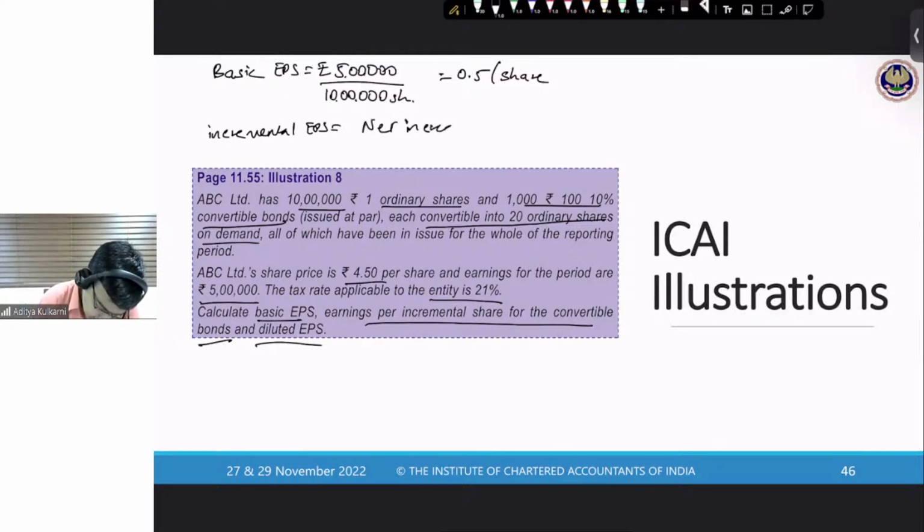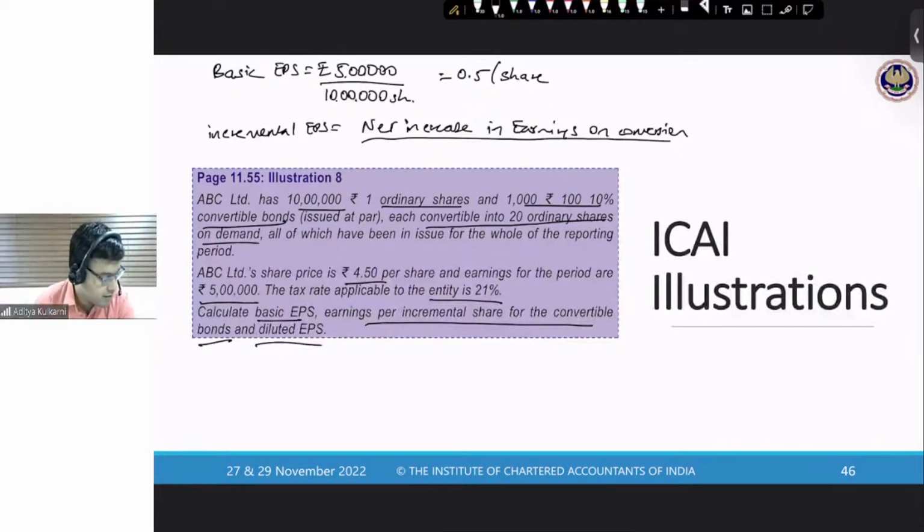Net increase in earnings on conversion divided by number of shares issued on conversion.